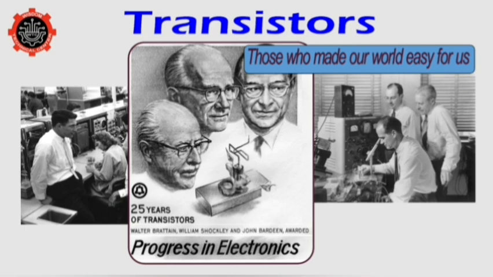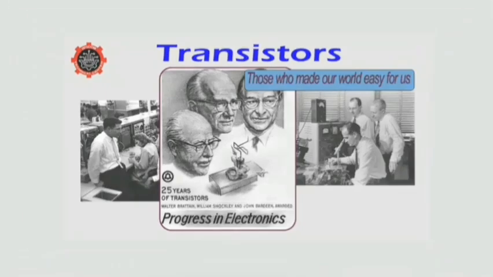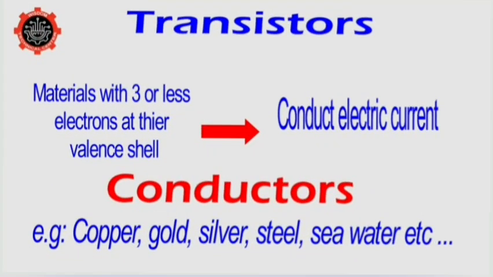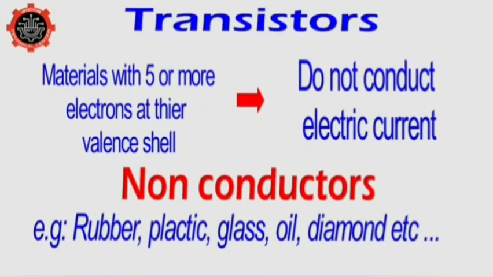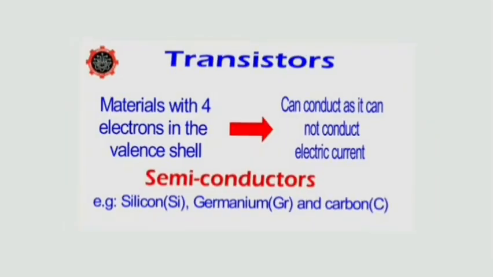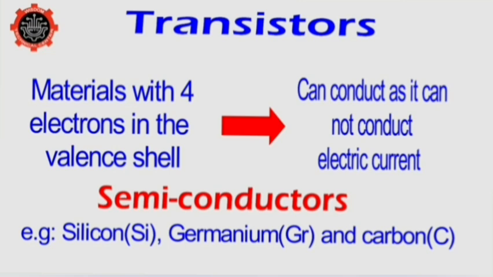And we learned here that materials that have 3 or fewer electrons on the valence shell are good conductors. Those with 5 or more make good insulators, and those with 4 and only 4 electrons on the valence shell are semiconductor materials.